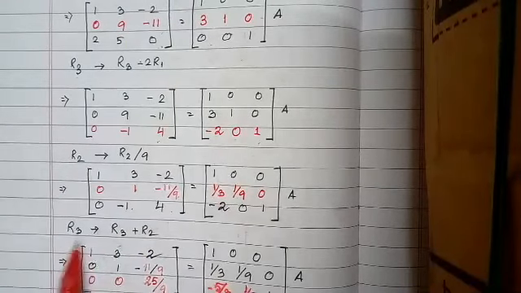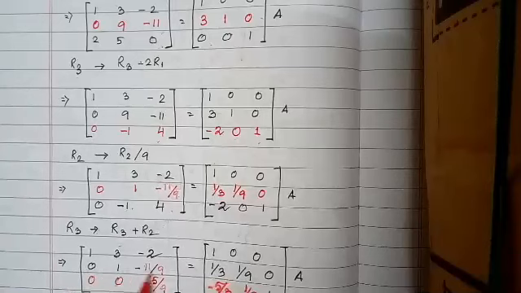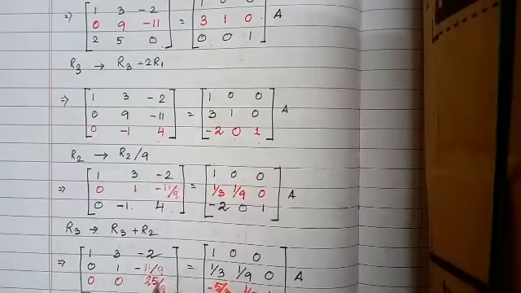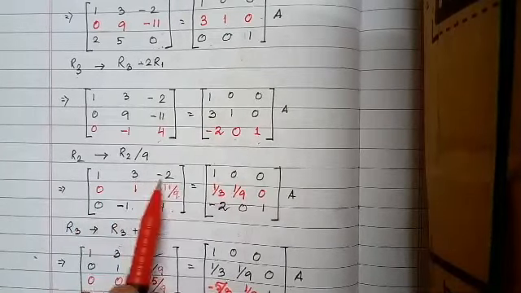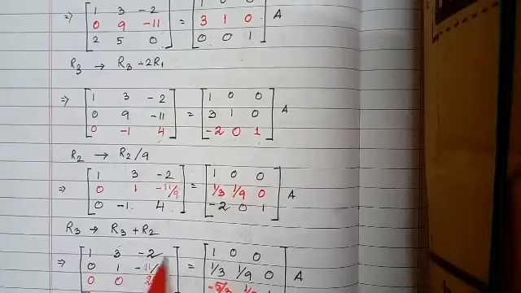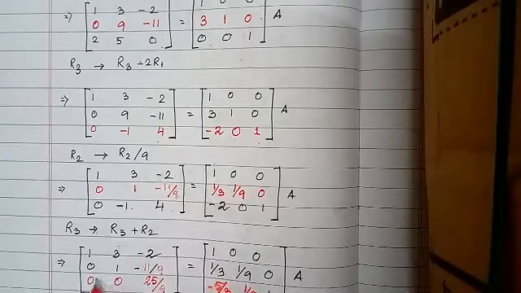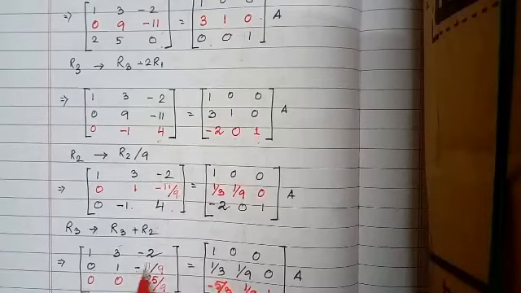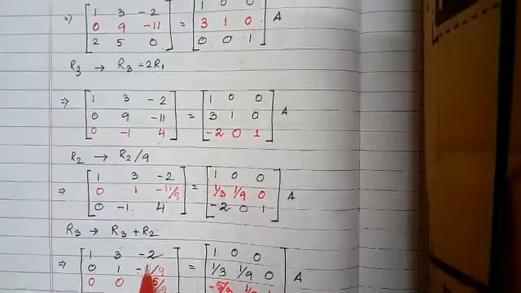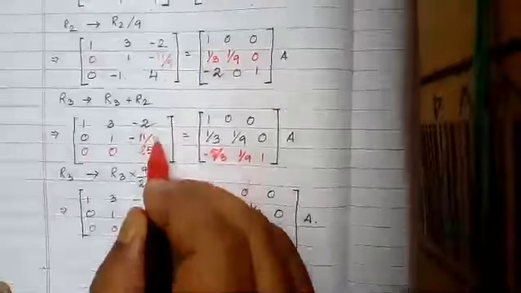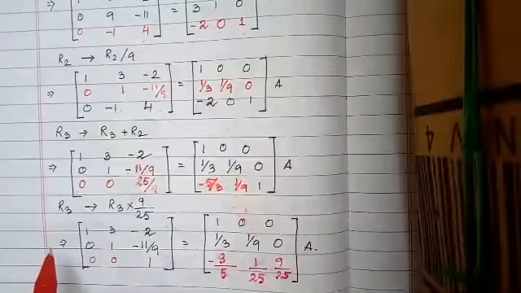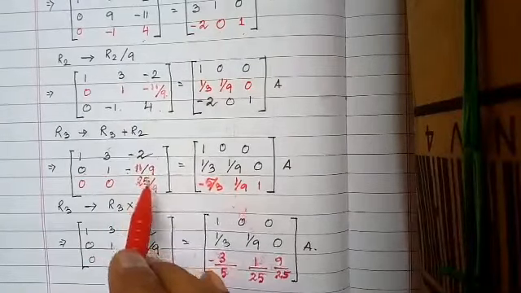So R3 is operated, so R1 and R2 are written. R1 and R2 written means 1 3 minus 2, 0 1 minus 11 by 9, and so on.